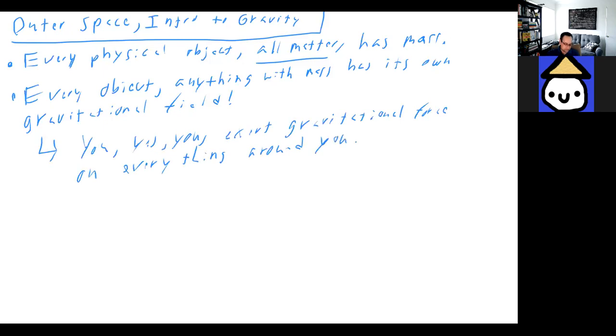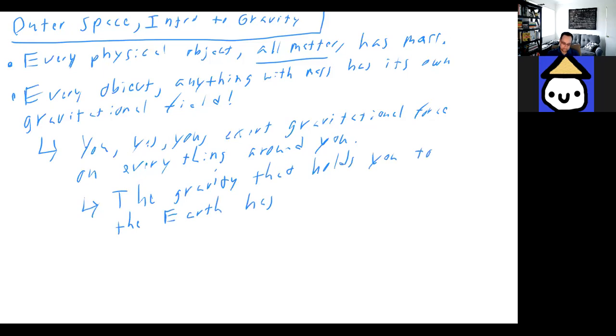Okay, so the gravity that holds you to the earth has two components.